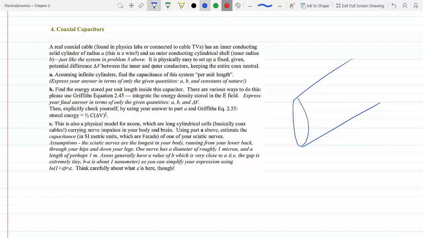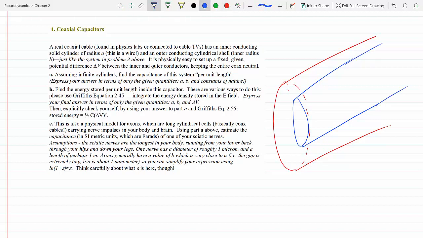Okay, and this is the inner one, and this is the outer one, right? And this goes to infinity, and let's say that the radius here is A, and the radius here is B.